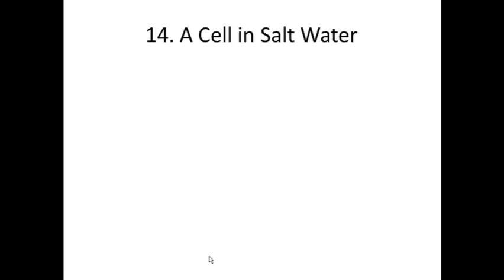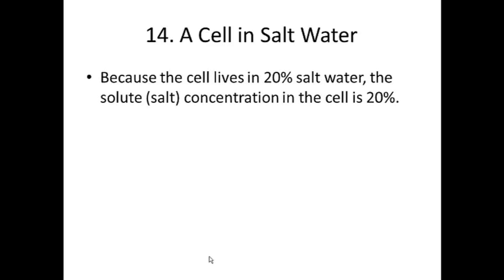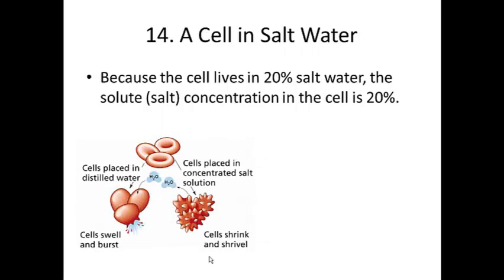So if I have a cell that lives in 20% salt water, then the salt concentration inside of that cell would be 20%. So if I were to take that cell and place it into pure water, that would be a situation like this. So there's my beaker, here's my cell, and this cell is 20%, and pure water would be 0% salt.